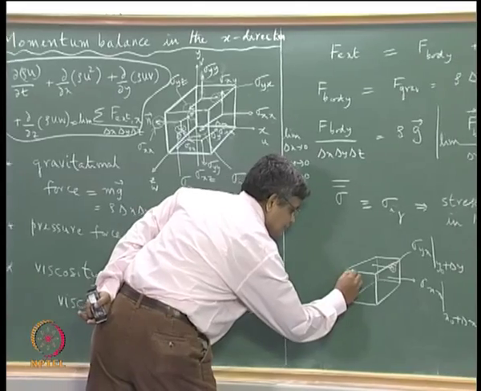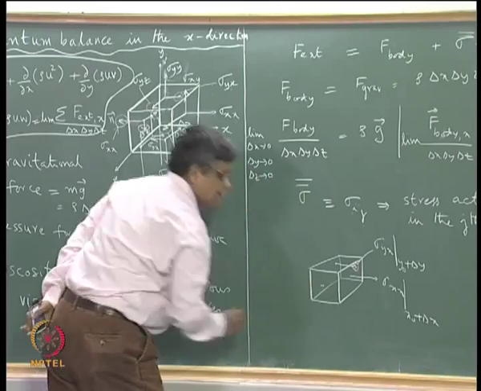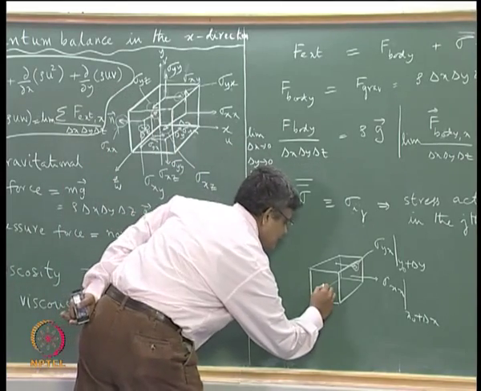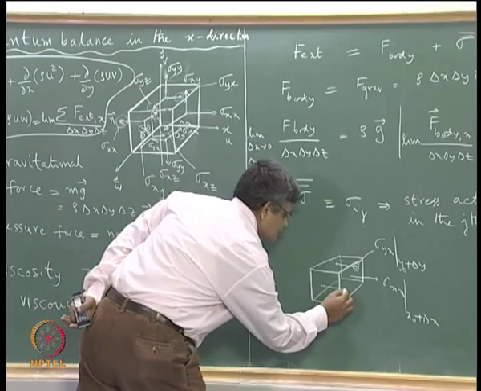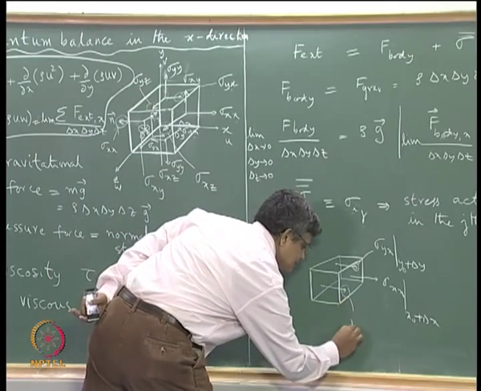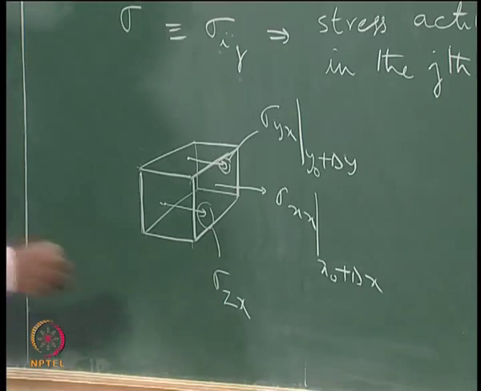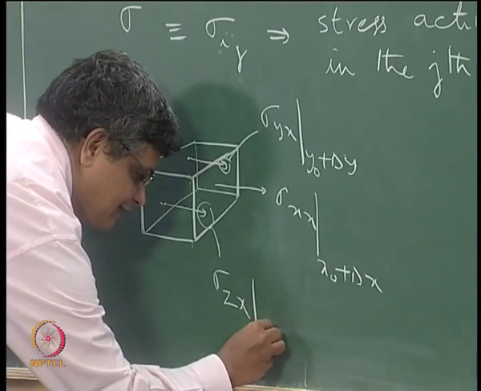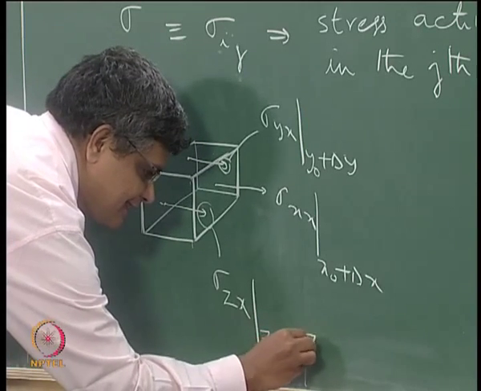When we consider this front face here, this is a z face and it has a stress acting in the positive x direction, and this is sigma zx because this is acting on the z plane, located at z naught plus delta z.